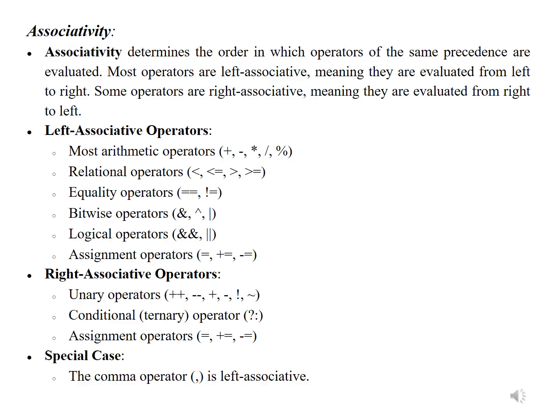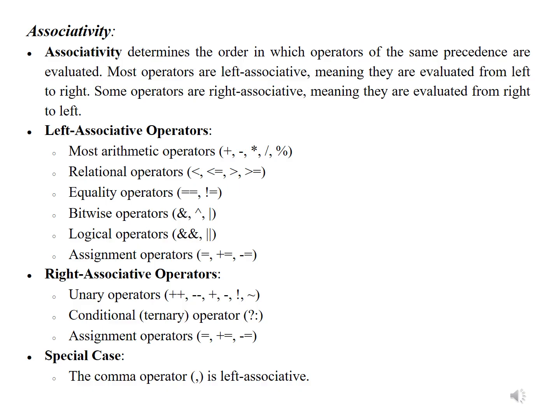So the left associative operators are most arithmetic operators like plus, minus, star, division, modulus, and relational operators like less than or equal to, greater than or equal to, then equality operators, equals and not equals, bitwise operators, ampersand, caret, and single pipe, and logical operators, double ampersand and double pipe.